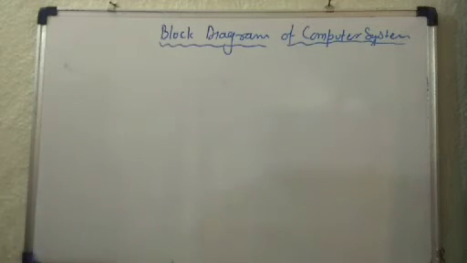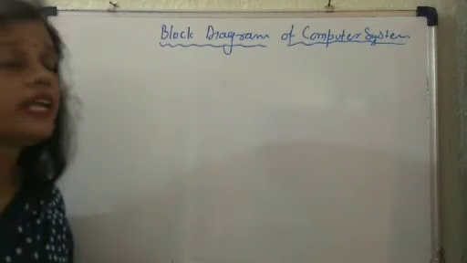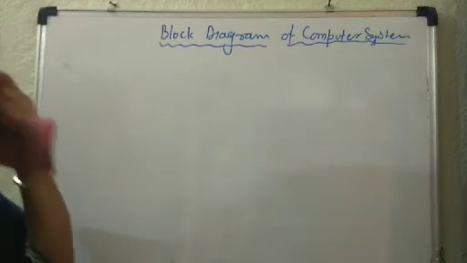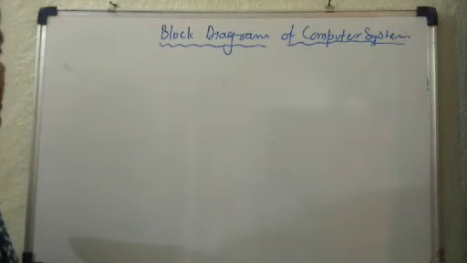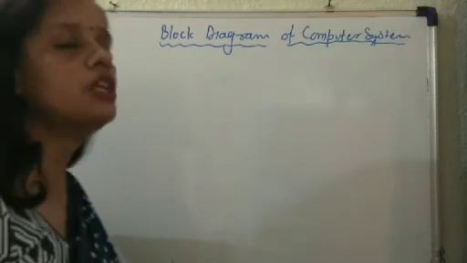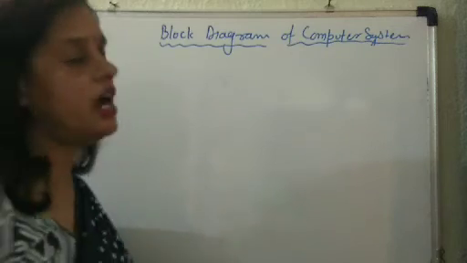And what is this block diagram? This block diagram is the logical structure of the computer system, the logical connection of computer hardware.